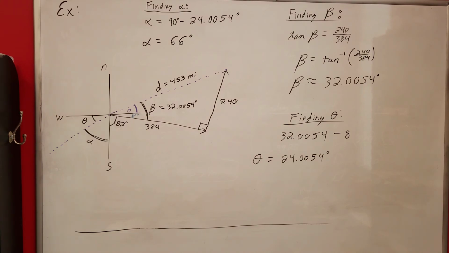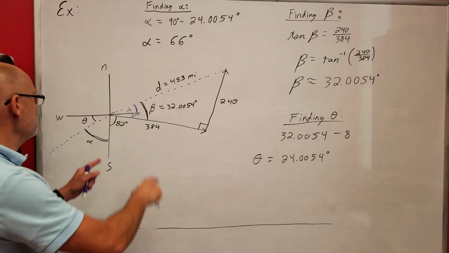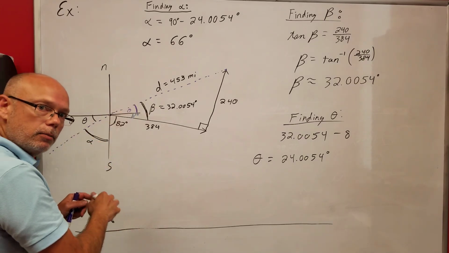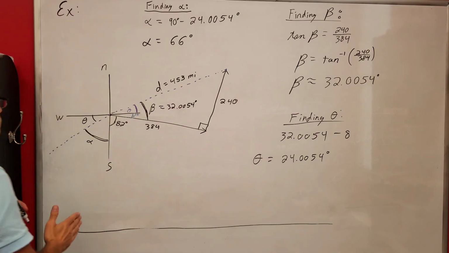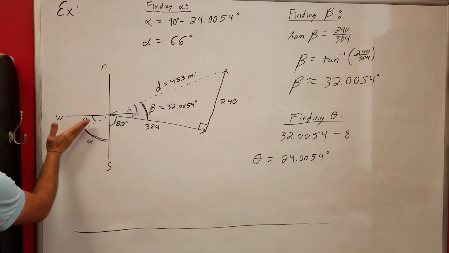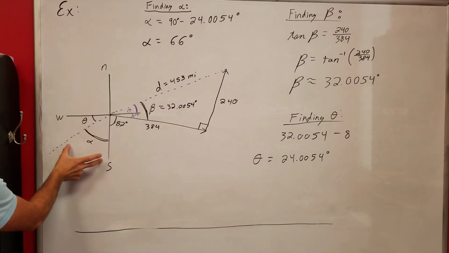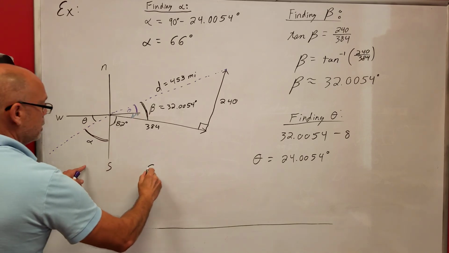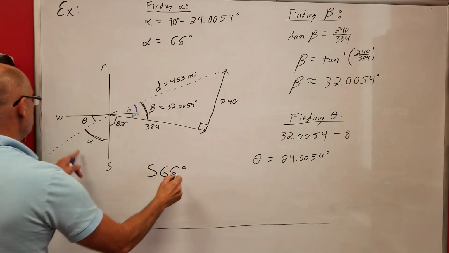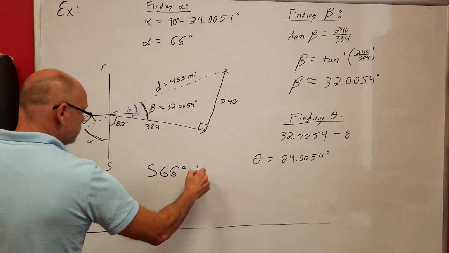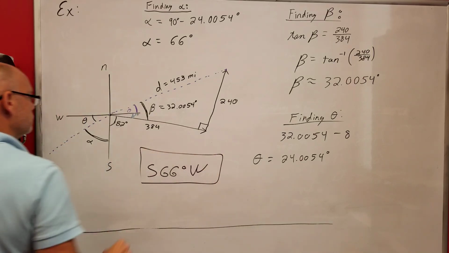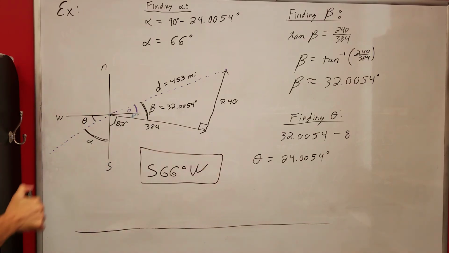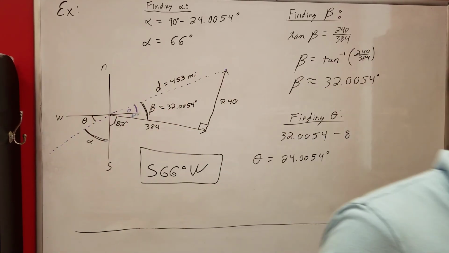It tells you to find the bearing required for the plane to return to the airport. So if you're in air traffic control, you've got to tell them how to fly that plane. Well, you're flying at 66 degrees here, right? But what bearing is that? That's south 66 degrees west. All right, practice these problems. These are actually a little difficult whenever you get into the bearing, but practice them. Good luck.